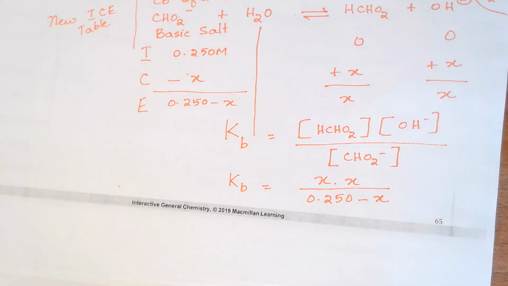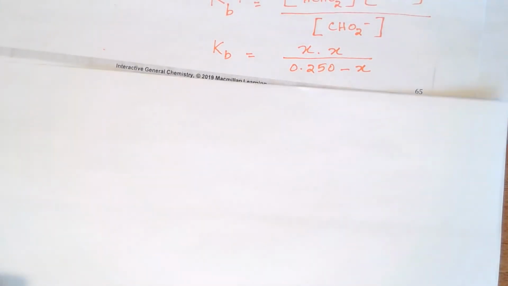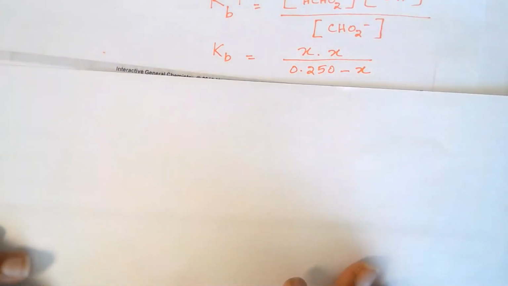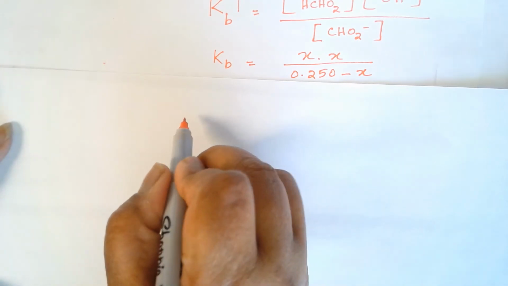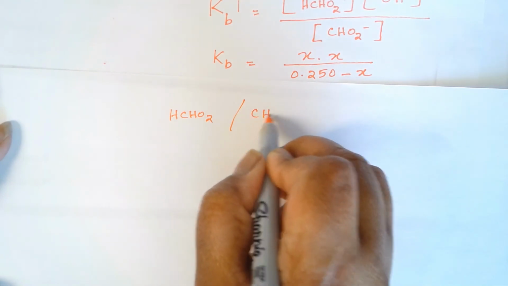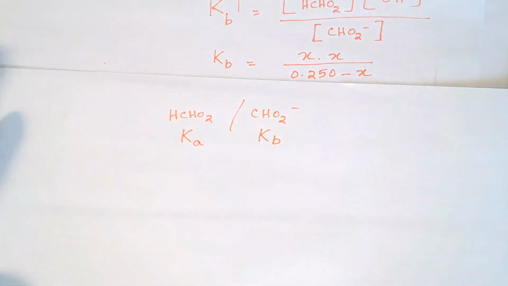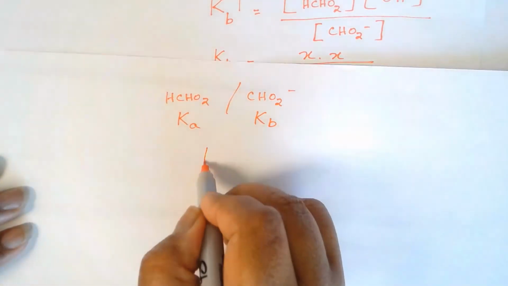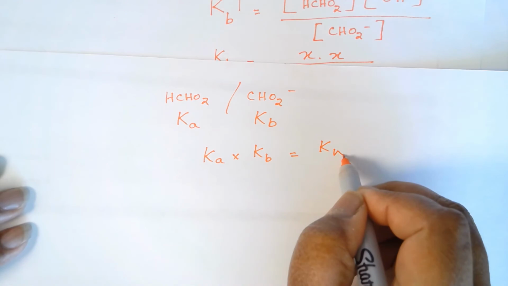I'm hearing some answers, right? Now the acid is HCHO2. I'm going to use another sheet of paper here, so have enough paper with you, or for me a notebook. So this is Ka, this is Kb. Now you know the equation, Ka multiplied by Kb is Kw.